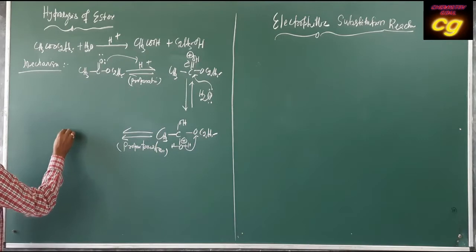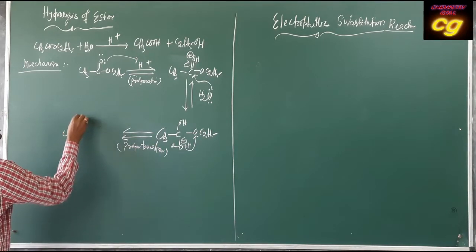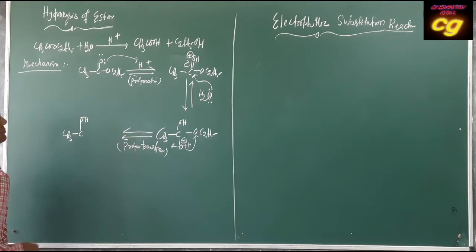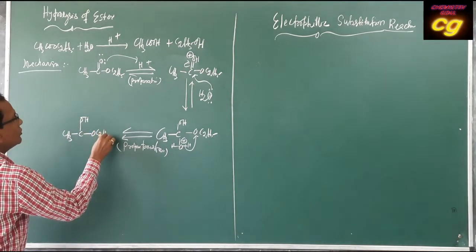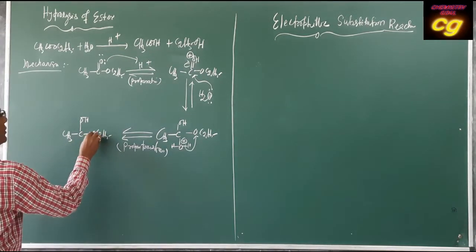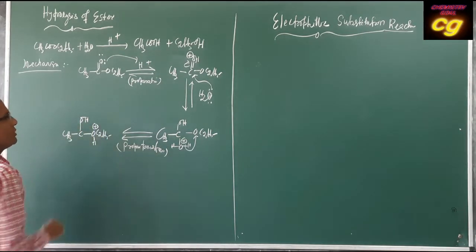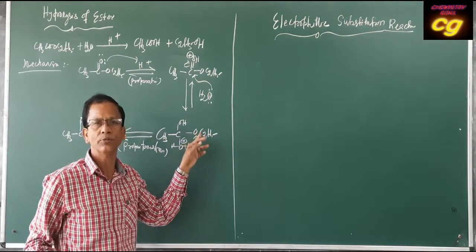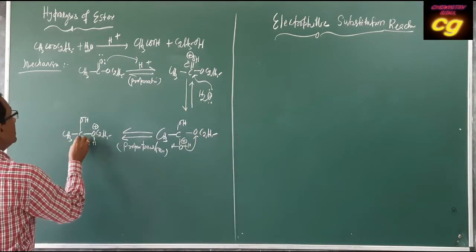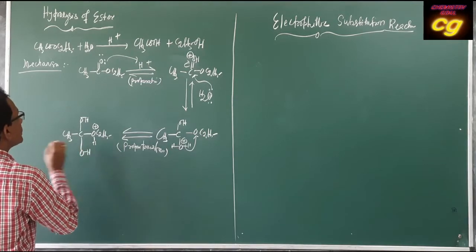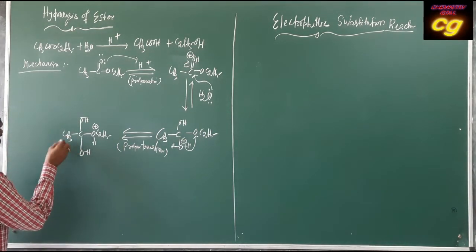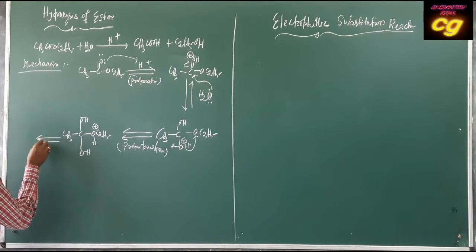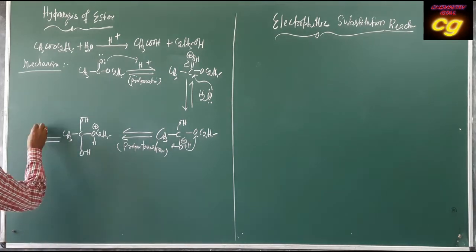Then the step will be CH3, C, OH, then OC2H5. Here it will become OH2 plus, because when the proton transfers to this oxygen, oxygen becomes positively charged. Then the other OH. Then what happens? Out of the two H, one will lose a proton.